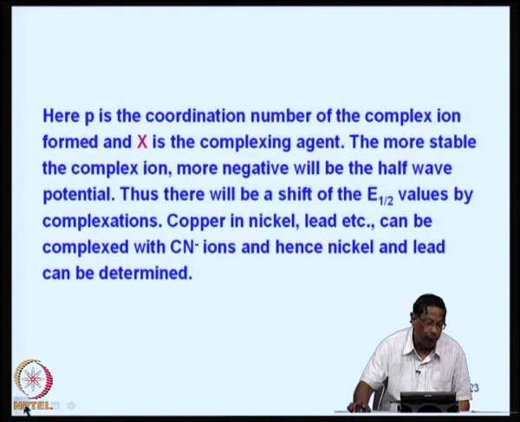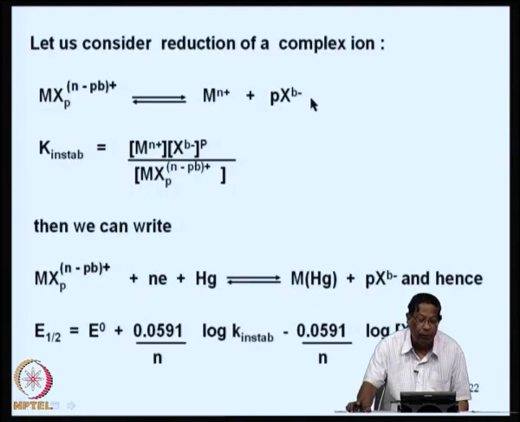So, for now we can consider a complex ion. The complex ion is represented as MXp raised to (n minus pb) plus going to Mn plus and pXb minus. This Xb minus is the ligand, p is the number of moles, and (n minus pb) is the charge on the complex ion.